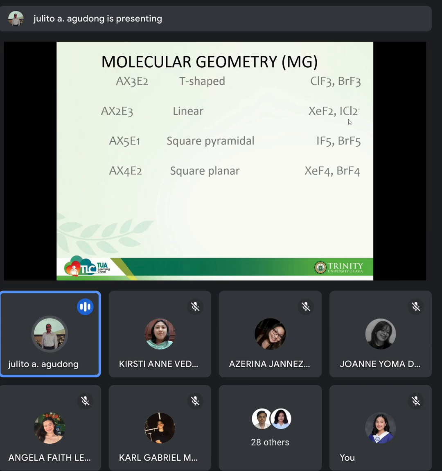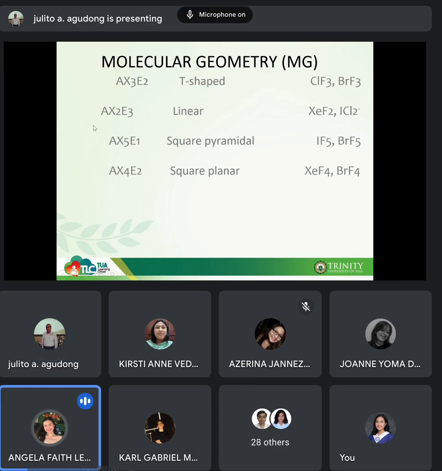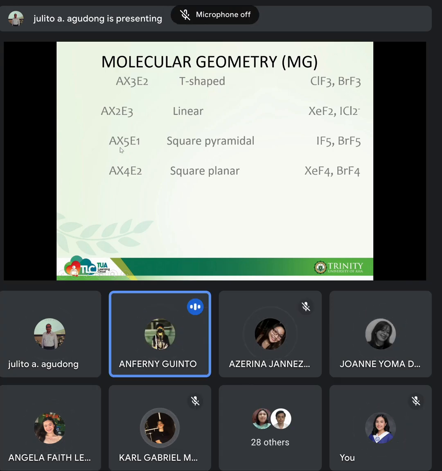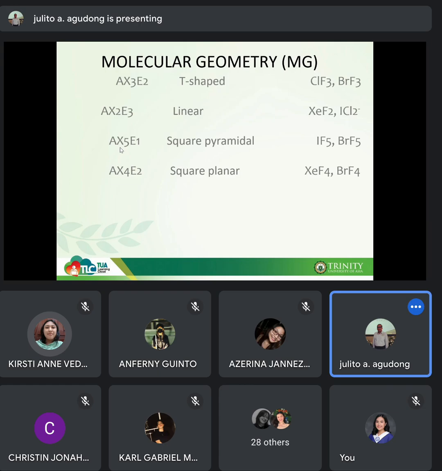Okay? Then, this next class, how many electron domains do I have? 6 po. 6 electron domains. From the 6 electron domains, I have one electron domain that contains a non-bonding pair. There are 5 which contain bonding pairs.